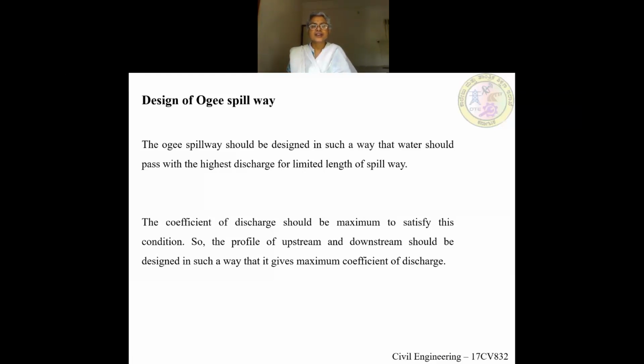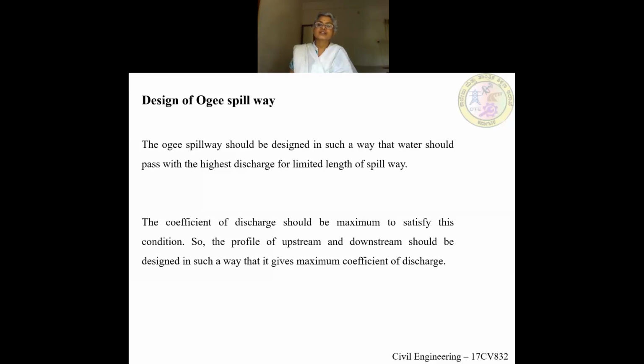It should be designed in such a way that there is maximum discharge through this limited length. And when will the discharge be maximum? The discharge will be maximum when the coefficient of discharge CD is maximum. CD is maximum for a sharp crested weir.